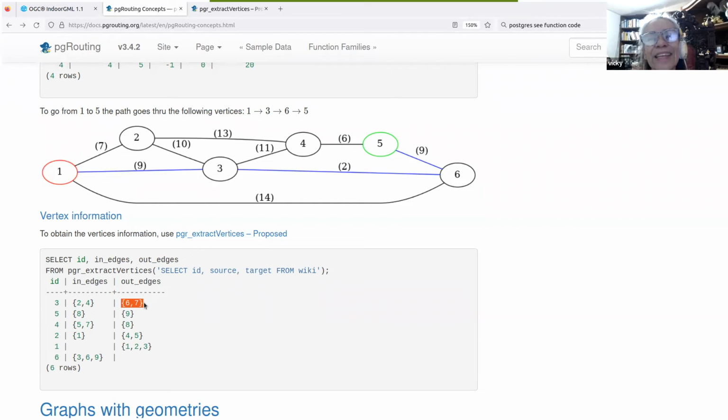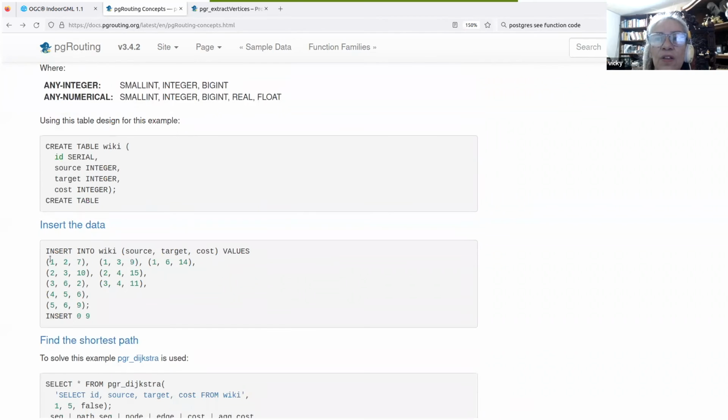Note that this set of edges are for a directed graph, if the data is considered directed. If it's undirected, then the set of edges that are adjacent to vertex 3 is the union of in edges and out edges. So for example, let's see, vertex 1 has 3 outgoing edges just because of the way I inserted the data. It goes from 1 to 2.